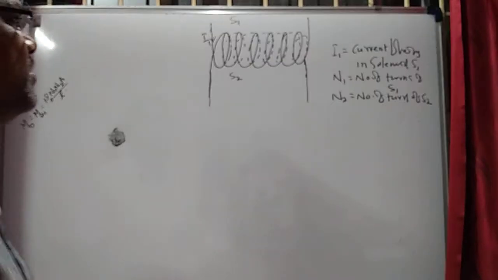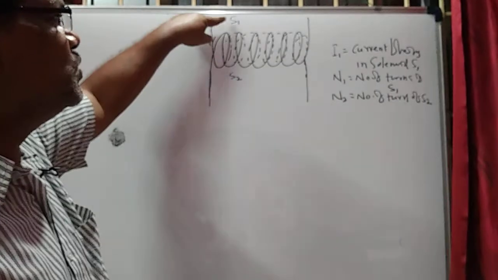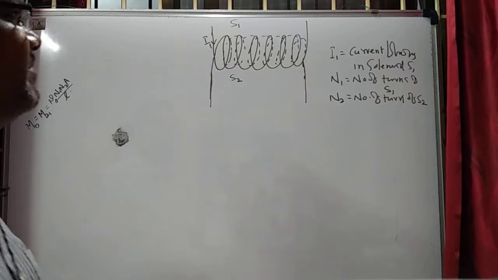Whenever the current is flowing through the S1 solenoid, a magnetic field will be developed.